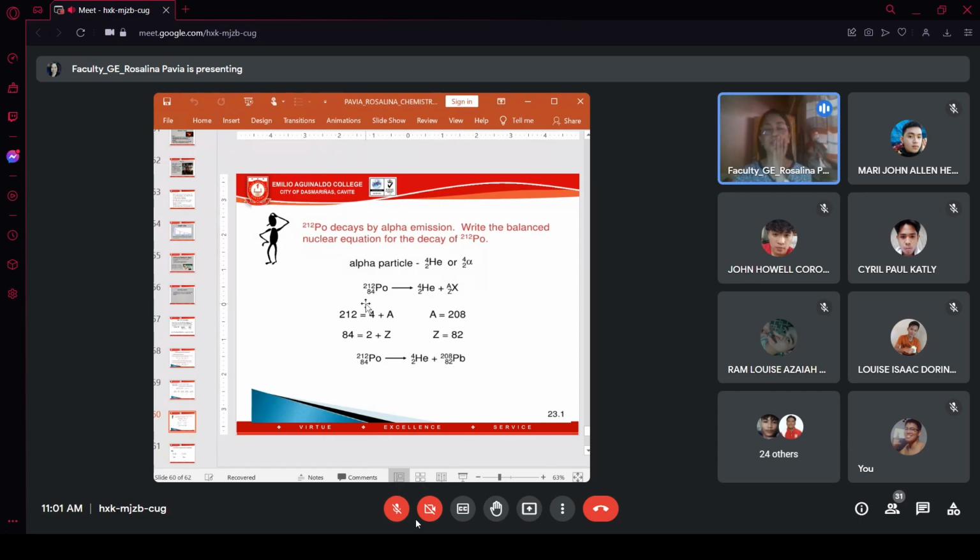So, check nyo ngayon yung atomic number. Check nyo muna yung atomic number. So, meron ka ng product na helium, which is actually the alpha particle. So ano yung kailangan mo para maging 84 dito? Check your periodic table.